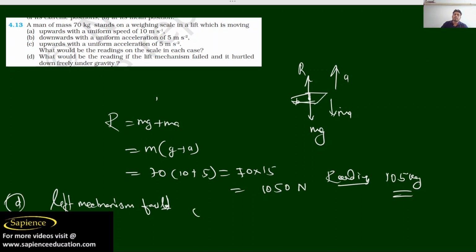There will be zero reading. Why zero reading? Because there will be no reaction force at all. As the weighing scale is also going downward and the object is also going downward, when the lift fails, its reading will be 0.